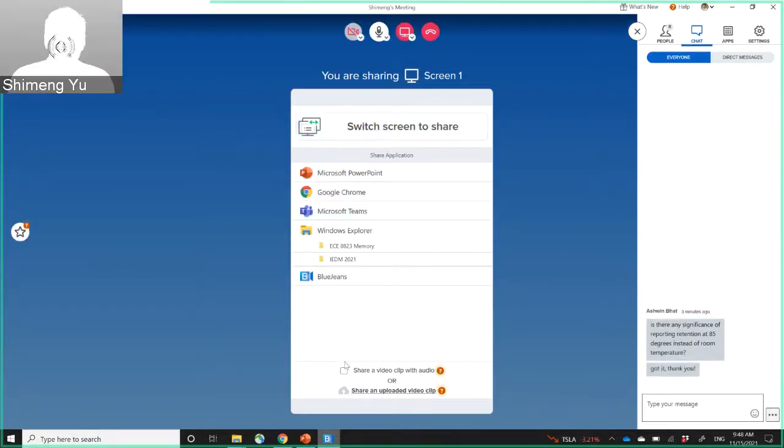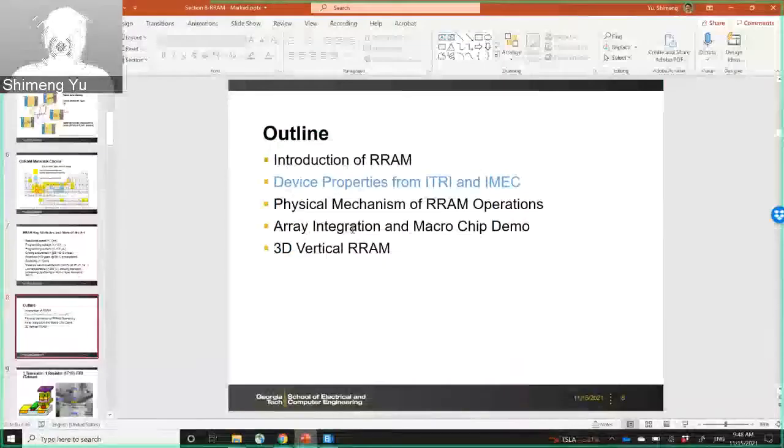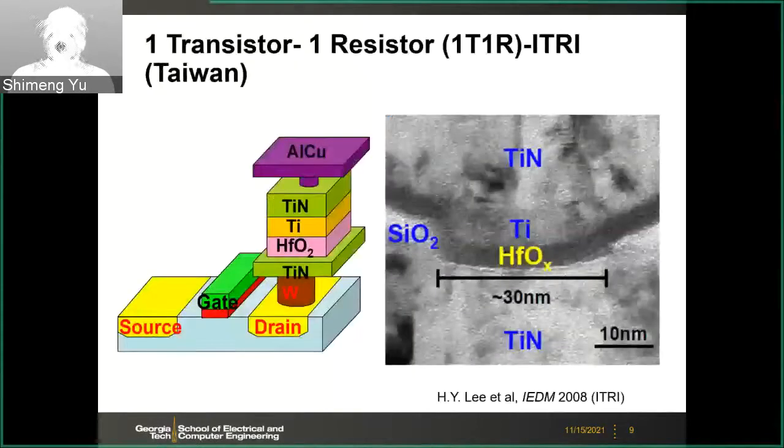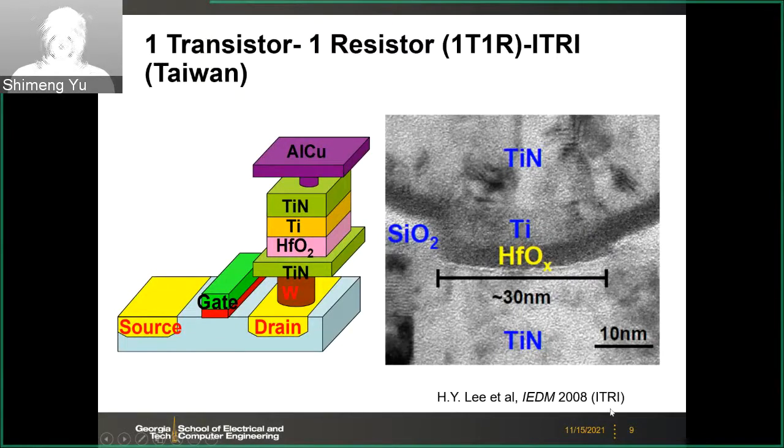And then let's go back. Next, we are going to show some device properties from two representative samples from ITRI. ITRI is the Industrial Technology Research Institute in Taiwan, and it's one of the pioneers who developed the RRAM technology.